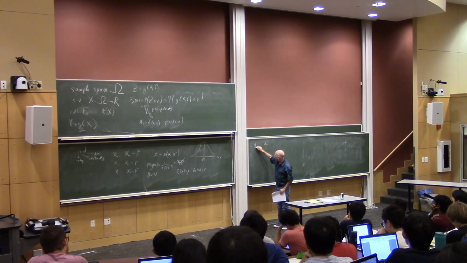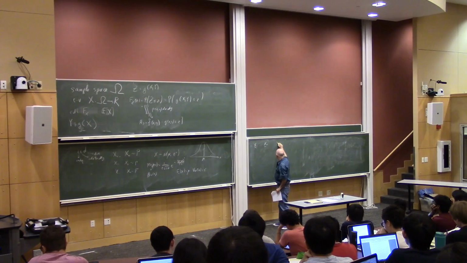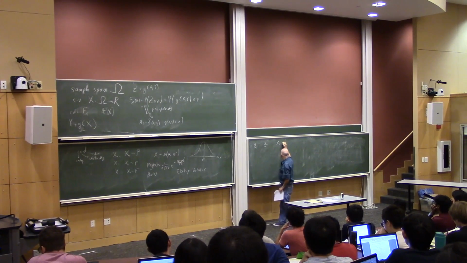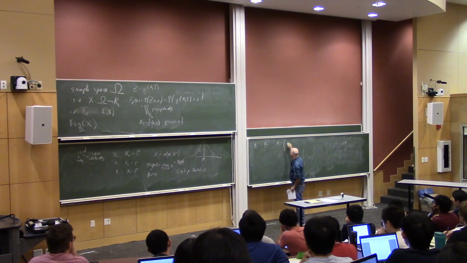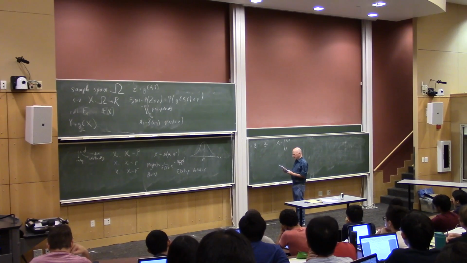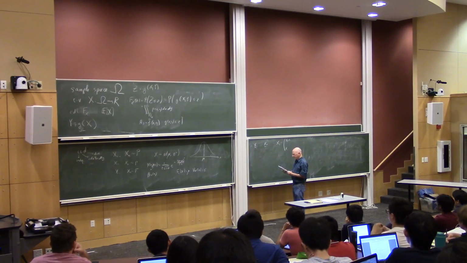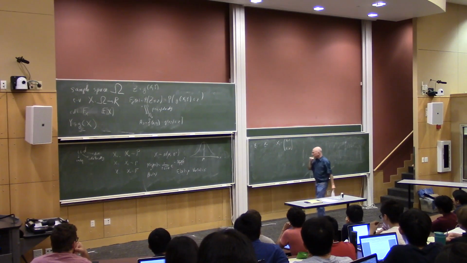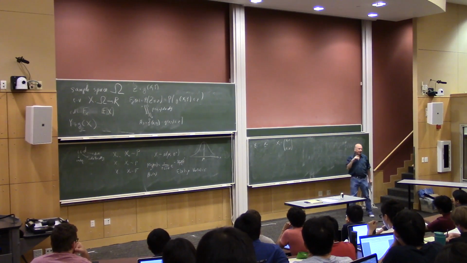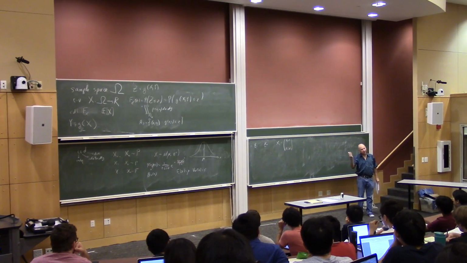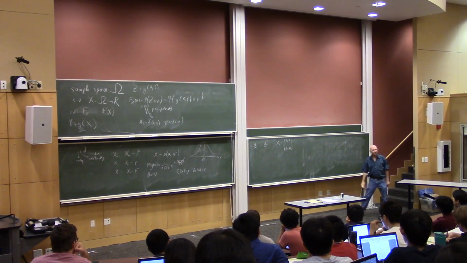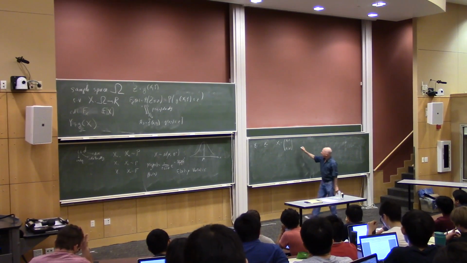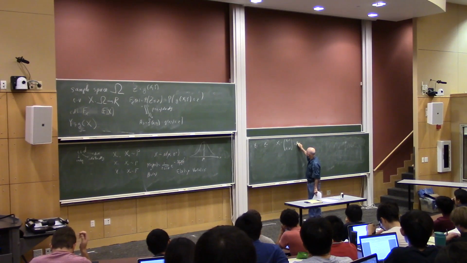In other words, each guy, say x_i, is actually a vector. What's a random vector? It's just a vector where each element of the vector is a random variable. And so this is in R^d.